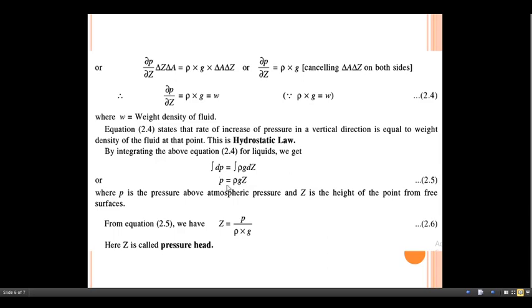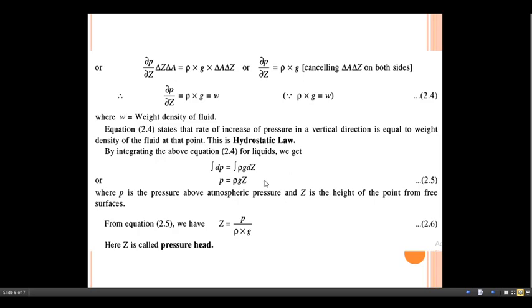So the integration of dP gives P equals rho g times the integration of dz, which is z. Here P is the pressure above atmospheric pressure and z is the height of the point from the free surface.